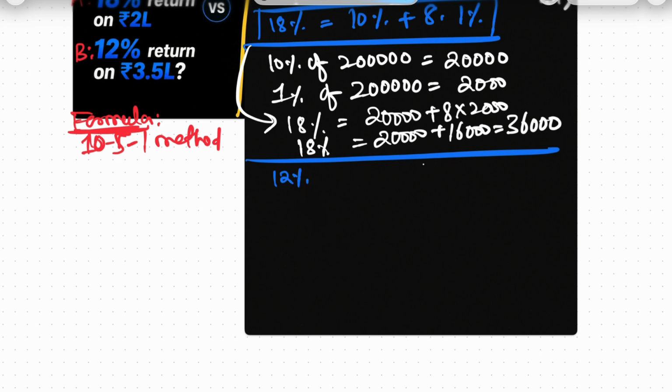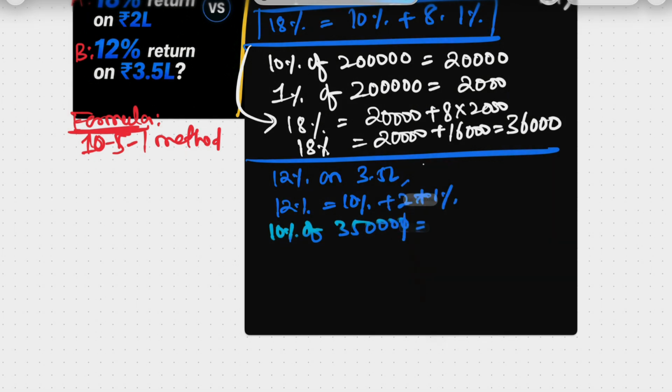So 12% on 3.5 lakhs. 12% is nothing but 10% plus 2 times 1%. Along the same formula, 10% of 3.5 lakhs: you remove one zero, so it becomes 35,000. 1% of 3.5 lakhs: you remove 2 zeros, so it becomes 3,500.